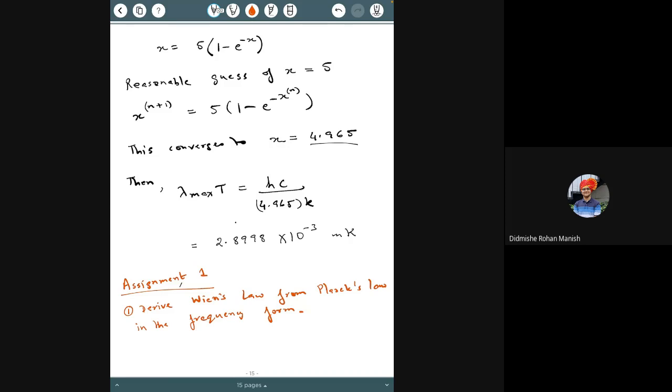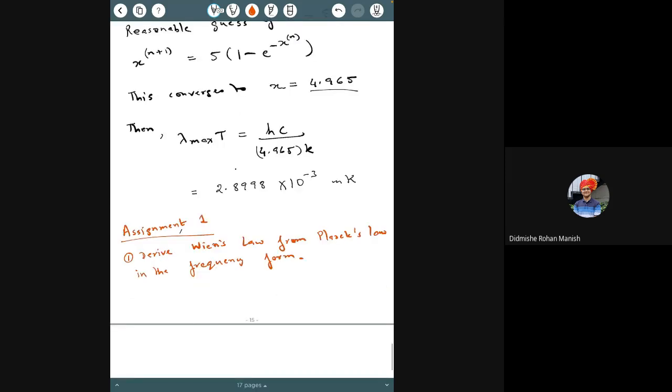And then see if it matches, if you just replace lambda max with c by nu max. If everything was perfect, you should get the same thing. But there is a surprise there. So I just want you to try this out. Ma'am, do we need to submit this or it's just for practice?